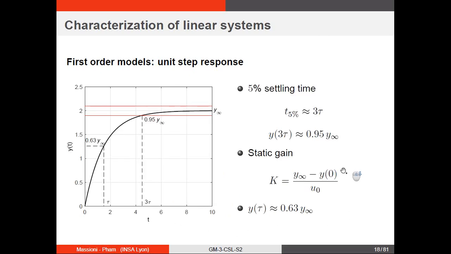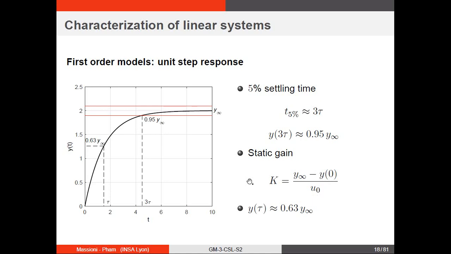Let's see it drawn. It's basically an exponential which converges asymptotically to a final value y infinity, and y infinity is related to k. With zero initial condition, y infinity is equal to u0 times k, the gain.